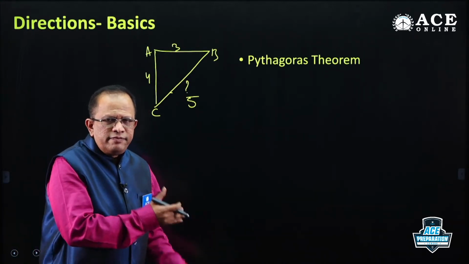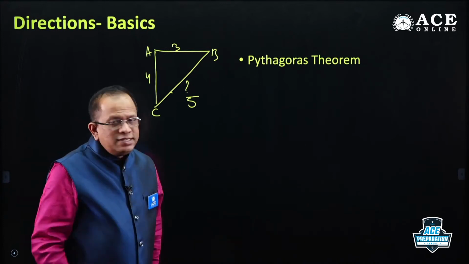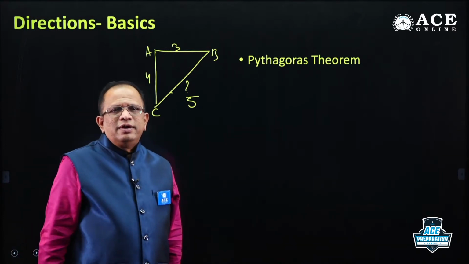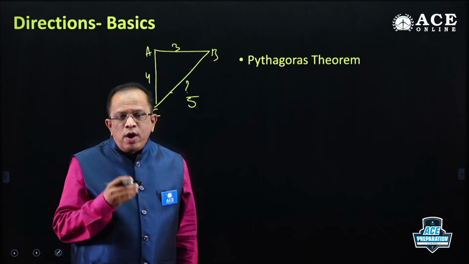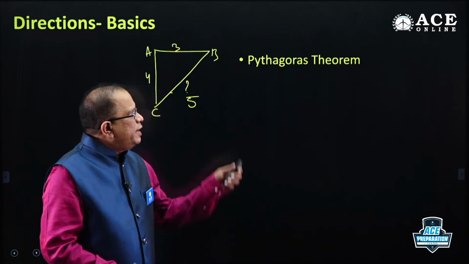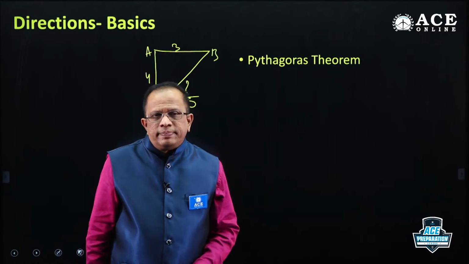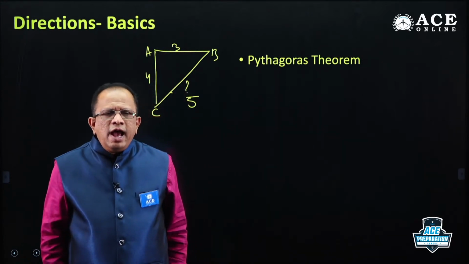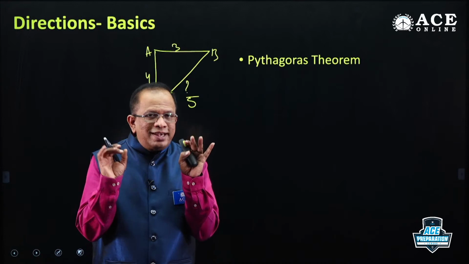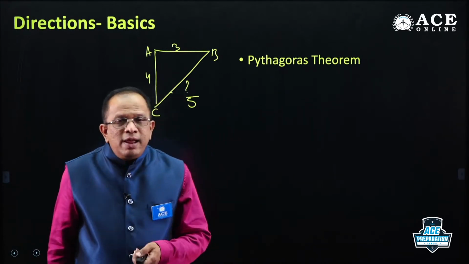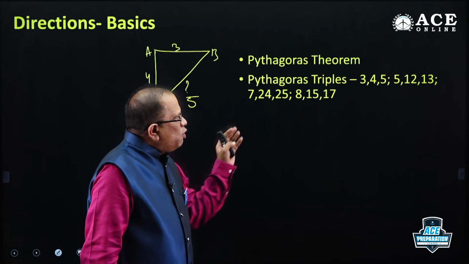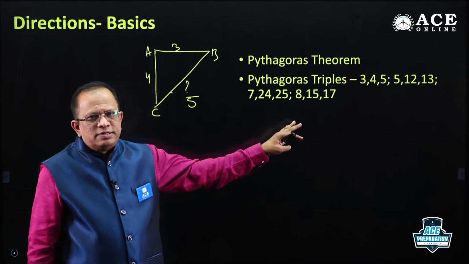Now, is it necessary for us to solve the questions in reasoning, that too direction? Yes. Sometimes they are going to ask you questions related to Pythagoras theorem. But nothing to worry. They have very limited questions in this particular section. What do I mean by limited? They are going to give only these triples.